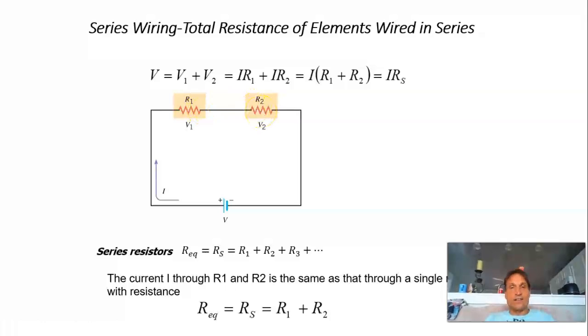Sorry, I'm tired today. So suppose that we have two resistors, R1 and R2, and they're in series. Kirchhoff's voltage law, the loop law, says that the potential difference gained across the battery, if we're going clockwise, must be the sum of the potential differences lost in going across these two resistors.